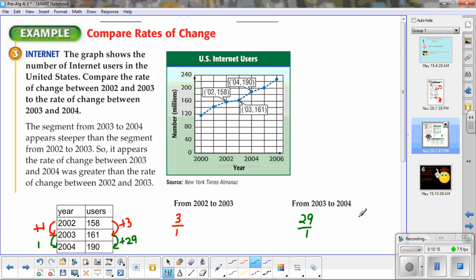Both of these were an increase. But from 2003 to 2004, it was a bigger increase than from 2002 to 2003. And you can see that in the graph because the slant is much steeper between 2003 and 2004 because the rate of change was greater.